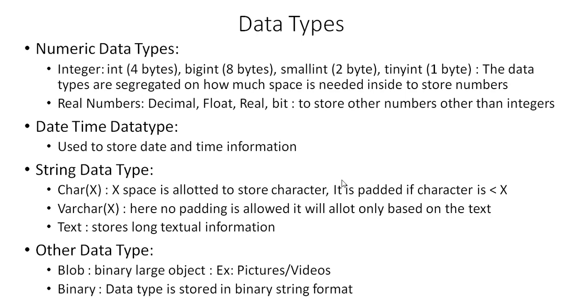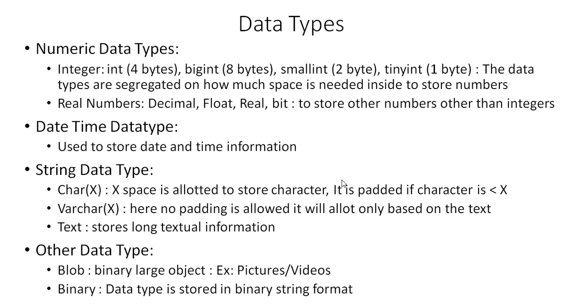So whenever you define x value, it is allocating that much space or that much memory upfront, and whatever is not used is being padded. And in varchar x, there is no padding allowed. That is the difference between char and varchar.